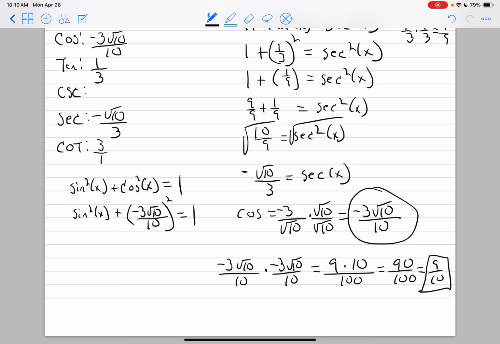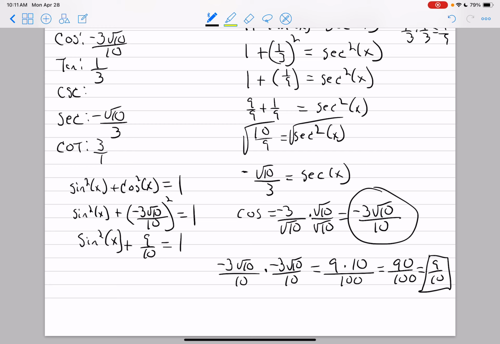So apparently, this is 9 over 10 plus sine squared x equals 1.